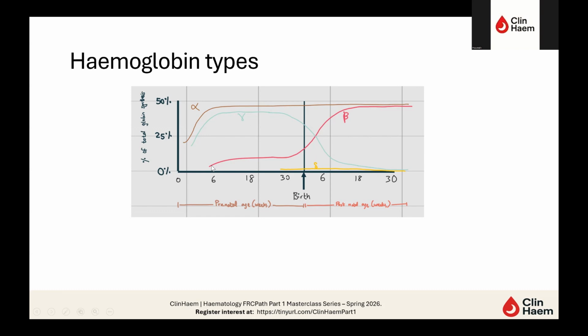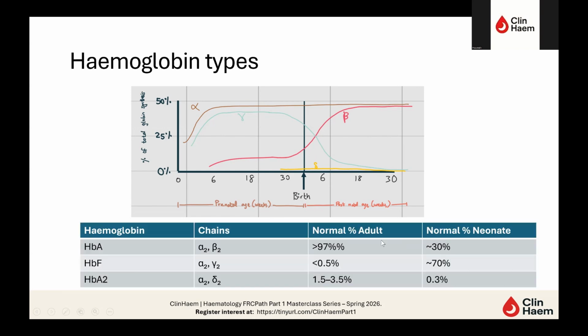The baby will start making beta chains in small amounts, so there would be some HbA present in babies as well. So to the extent that at birth, around 20 to 30% of hemoglobin would be HbA. So if you see here, you have alpha, and maybe you have around 20% of beta chain expression.